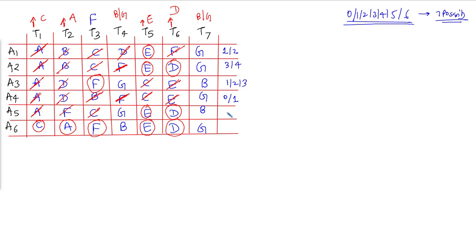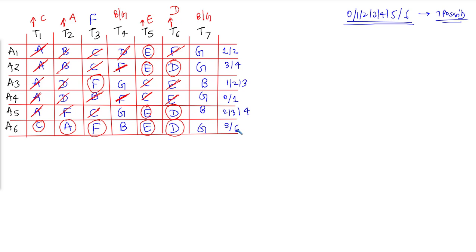Agent 5 can have 2, 3 or 4 answers correct. Agent 6 can have 5 or 6 answers correct. Why is it like this? Because there is no agent who is going to answer all 7 questions correctly.